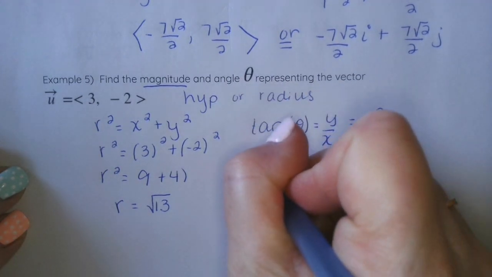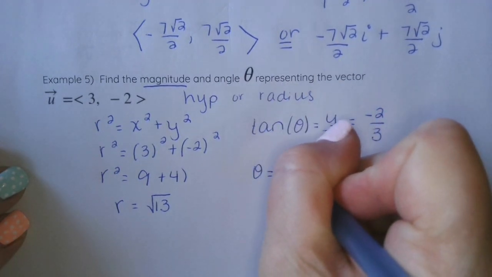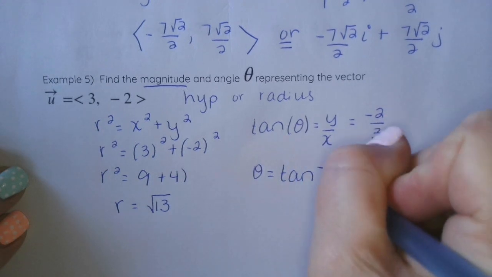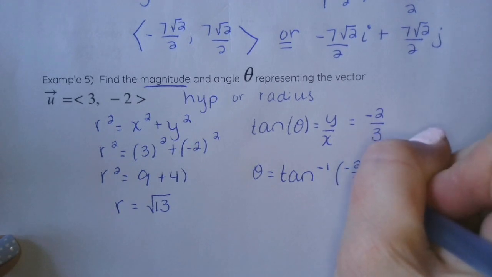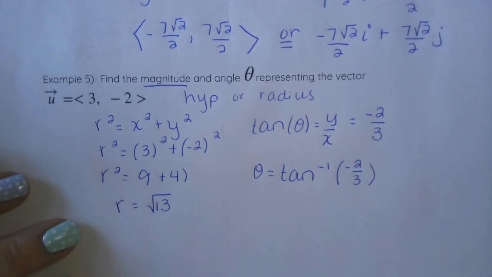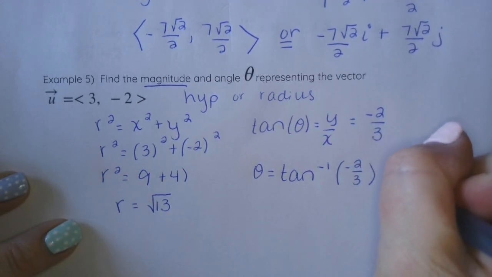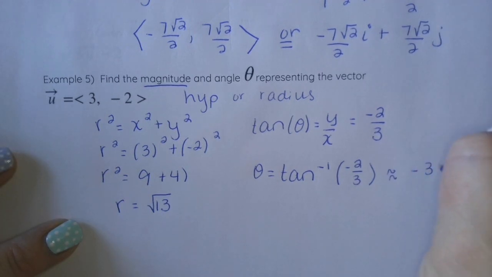So in order to find theta, we know we need to use the inverse. The inverse tangent of negative 2/3 is going to give us approximately negative 33.69 degrees. We're probably going to want a positive theta value.